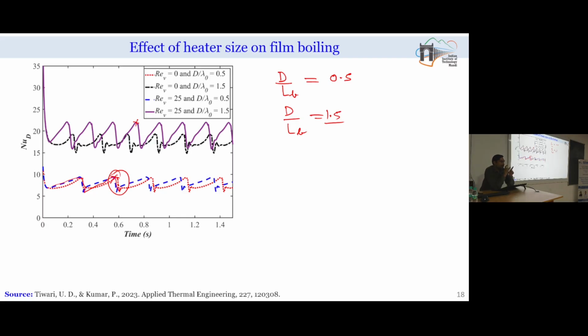So, this is the reason the number of vapor bubbles forming in a given time will be more for the larger diameter in comparison to the smaller diameter. Here you can see the cycle time of a single bubble evolution cycle is more for the smaller diameter, whereas this cycle time is smaller for the larger heater surface. Is this one clear?